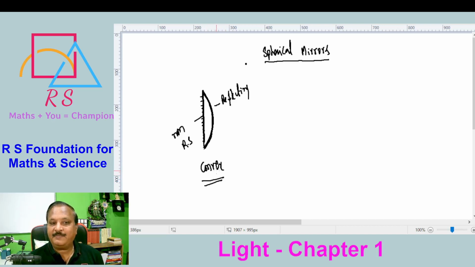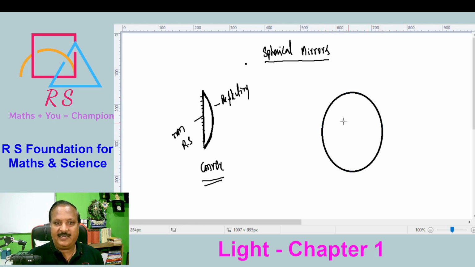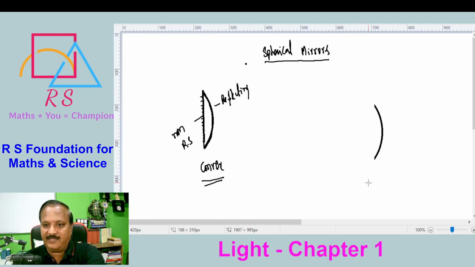So for example, you can take another thing. Then the reflecting surface will go inside. The same thing we will take here. I will draw a sphere again, and I cut one part, deleted. Then I will put shading on this side as the non-reflecting surface, right, this side.